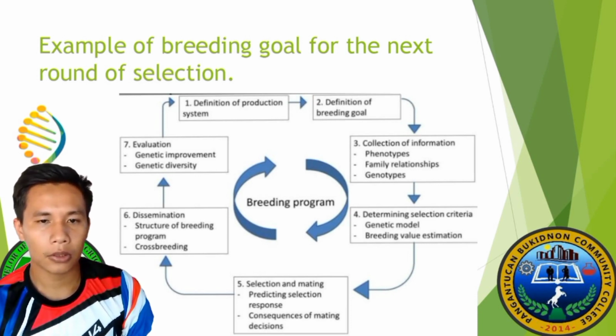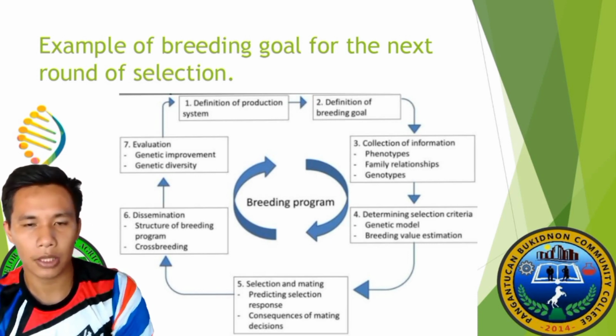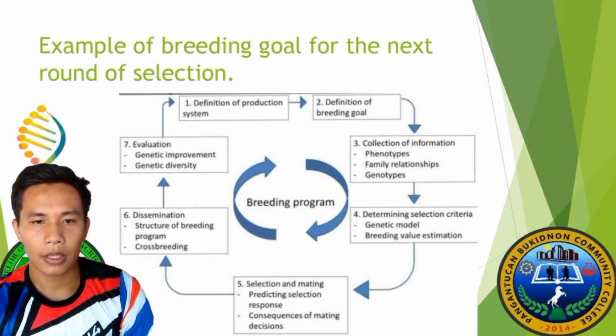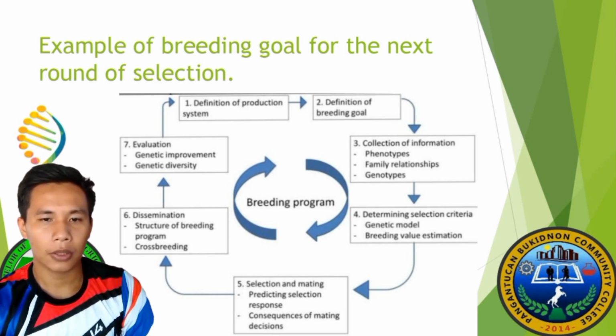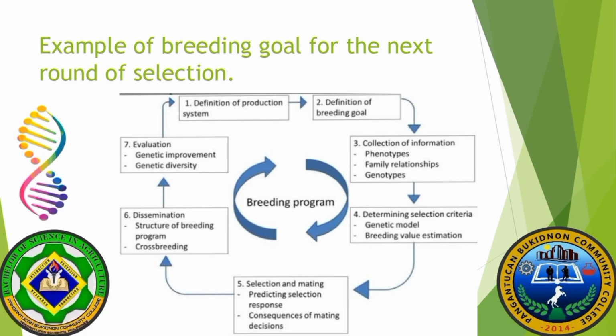Number 3, collection of information: phenotypes, family relationships, and genotypes. Number 4, determine selection criteria, genetic model, breeding value estimation. Number 5, selection and mating, predicting selection response, consequences of mating decisions. Number 6, dissemination, structure of breeding program, crossbreeding. Number 7, evaluation, genetic improvement, genetic diversity.